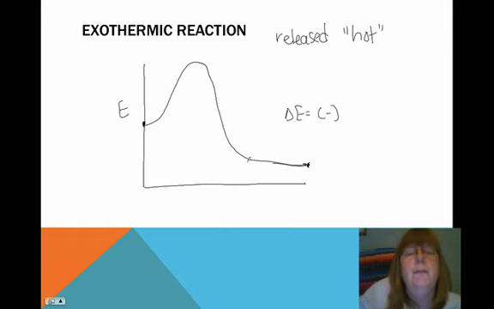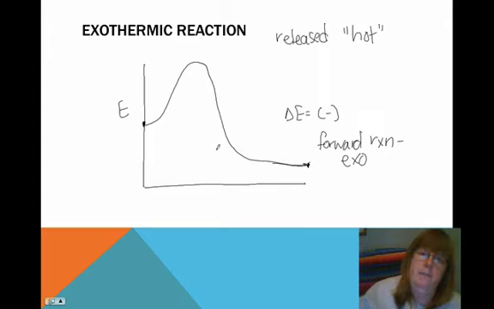So here our reverse reaction is endothermic. So on this graph, our forward reaction is exothermic. See, ending at a lower energy. And then the reverse reaction is endothermic.